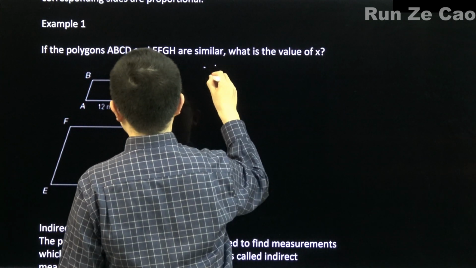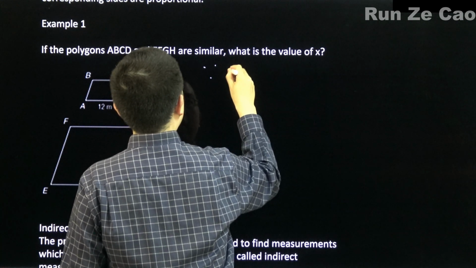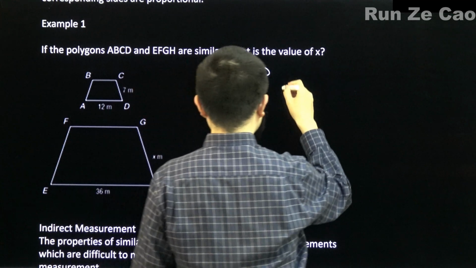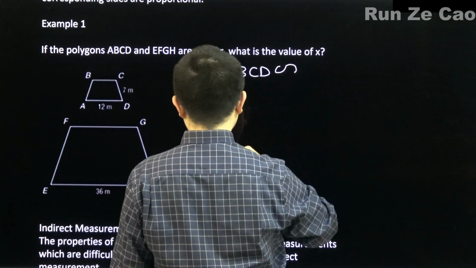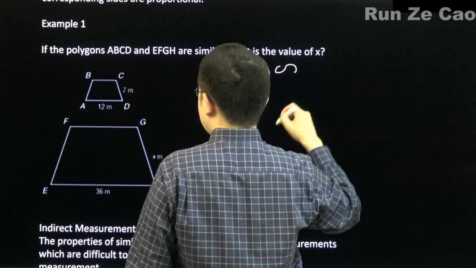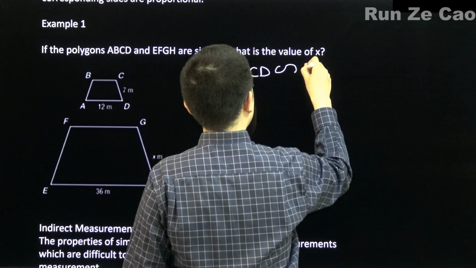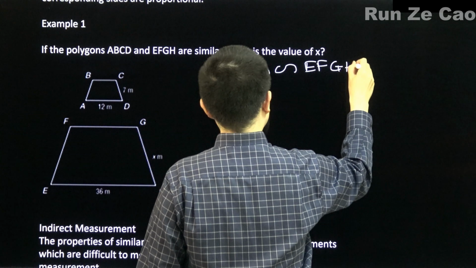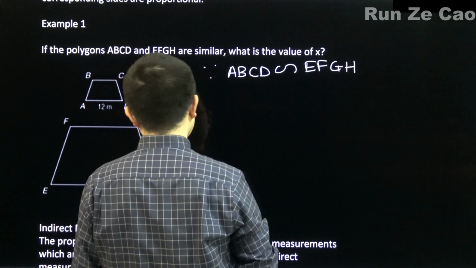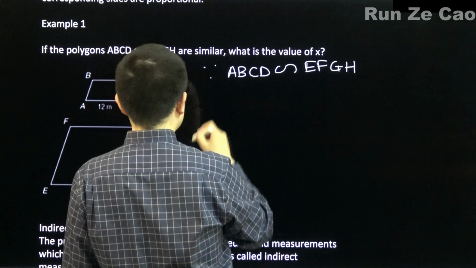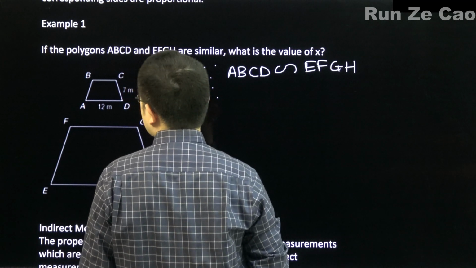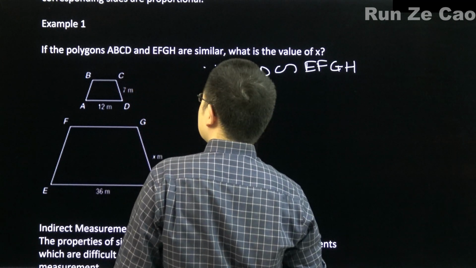Well, because ABCD is similar to EFGH, and therefore, actually, we can state that AD equals 12 a little later.